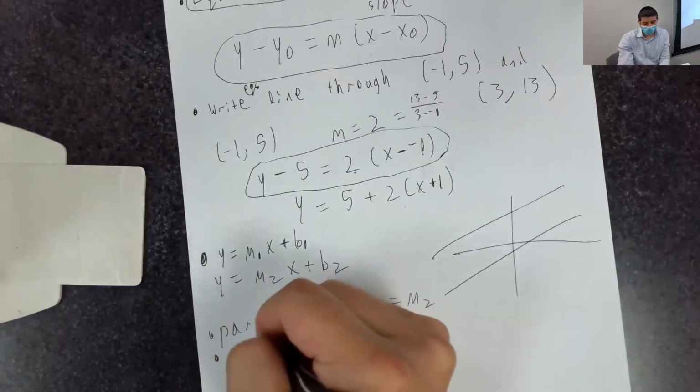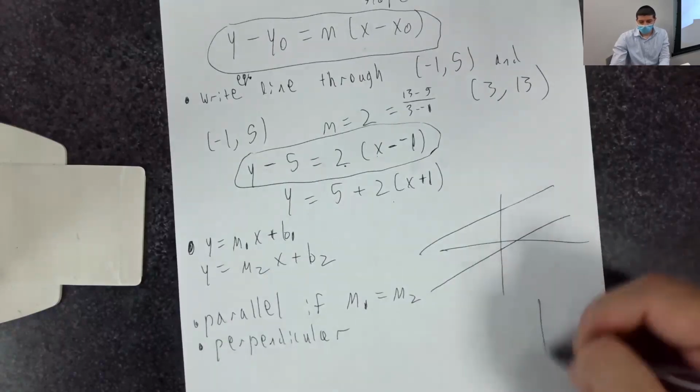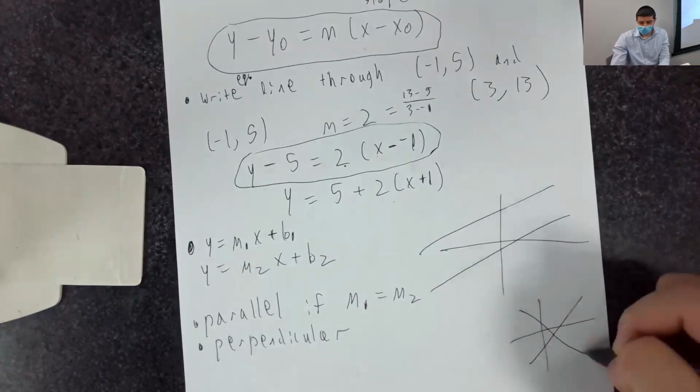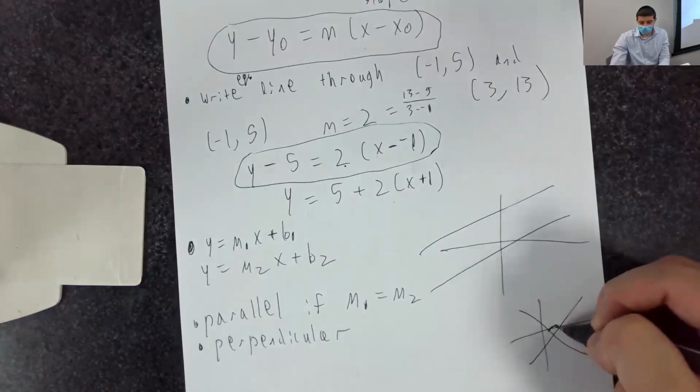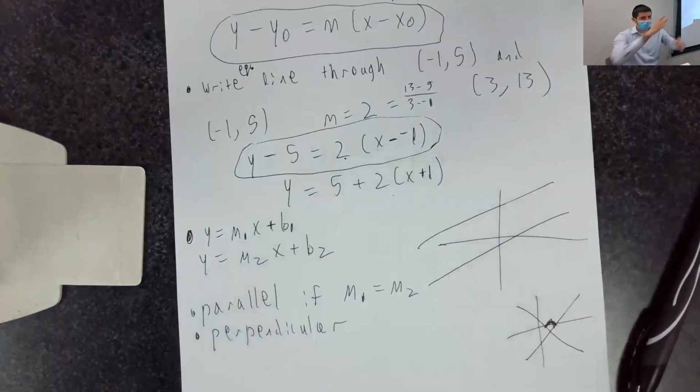Perpendicular. What does it mean when lines are perpendicular? Well, that means you have a line and another line where they do cross, but at a right angle. This little square means a right angle. They cross at a right angle, that means they're perpendicular.